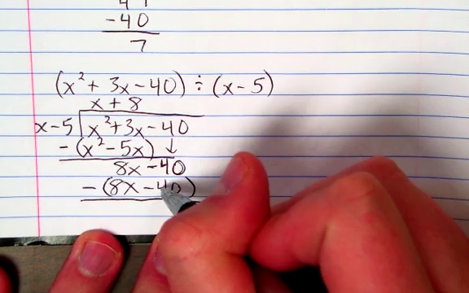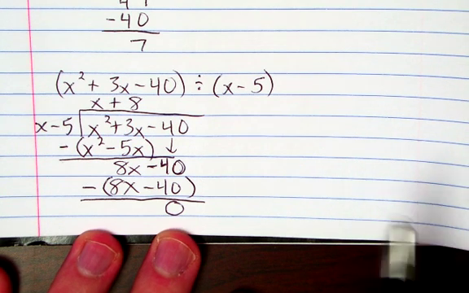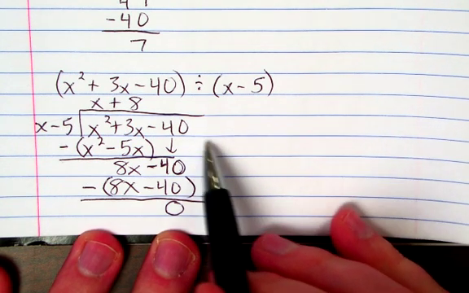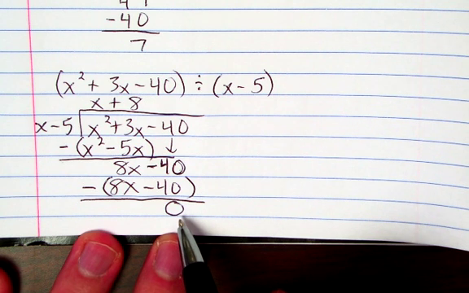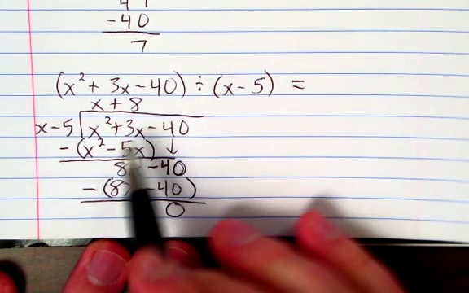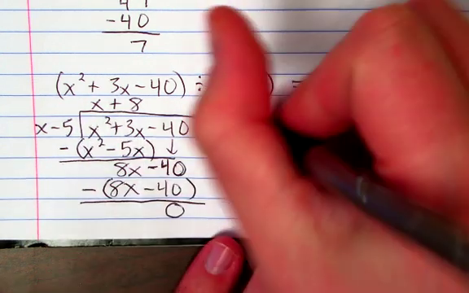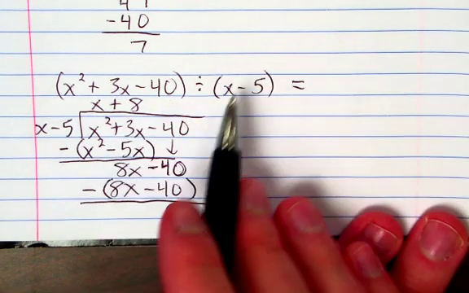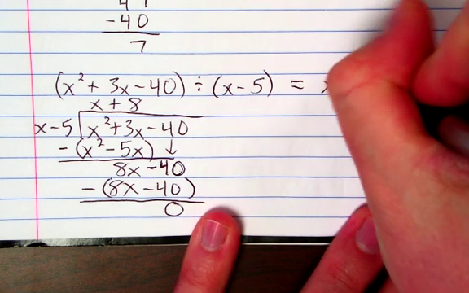Negative 40 minus negative 40 is 0. Notice I no longer have any other terms to bring down, so this is my remainder, but since my remainder is 0, that means I have no remainder. This up here is my answer, x plus 8. So x squared plus 3x minus 40 divided by x minus 5 is x plus 8.